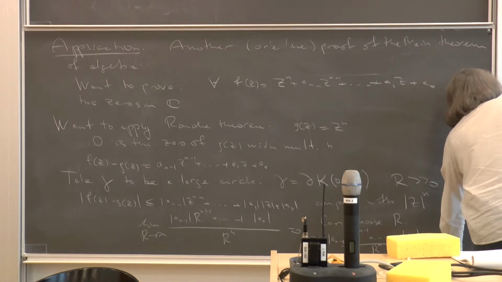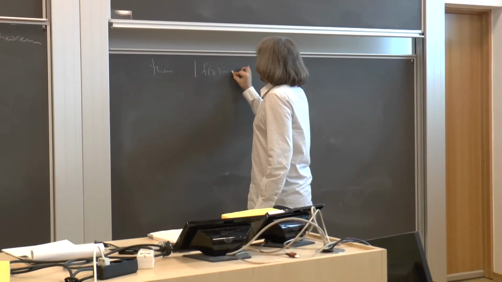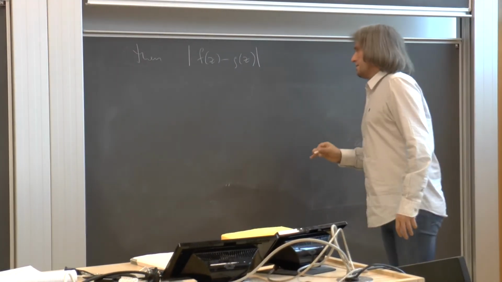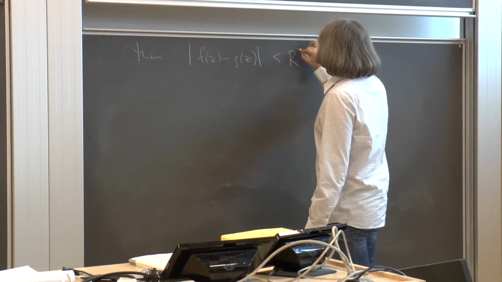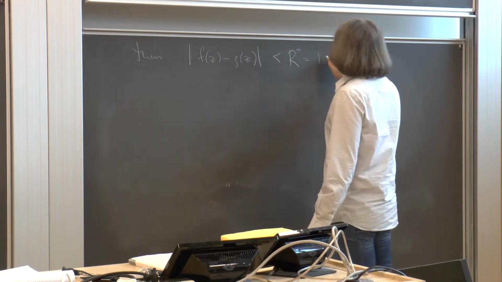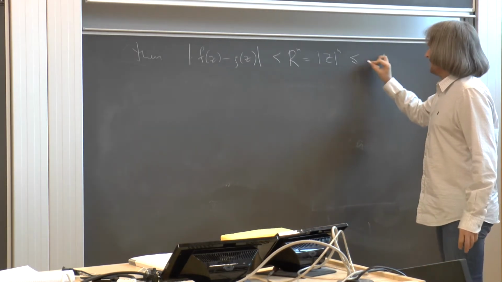Well, since it's less than 1, we immediately get that the absolute value of f of z minus g of z is less than r to the n, which is the absolute value of z to the n.